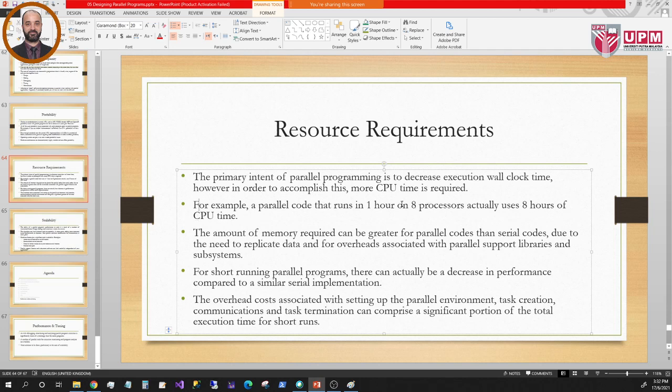Yes, exactly, it runs for 1 hour on 8 processors, which means about 1 hour for each processor. So if we run it sequentially, it will be 8 hours. Okay.